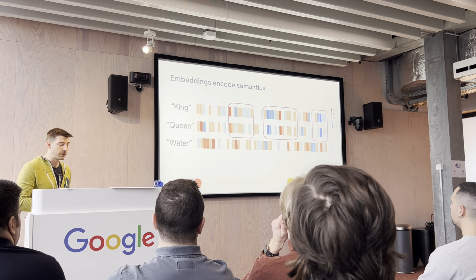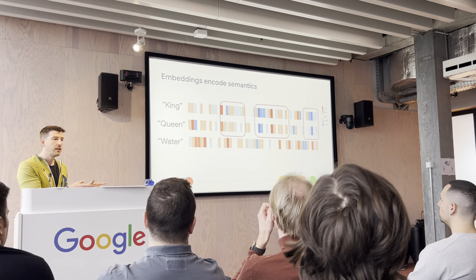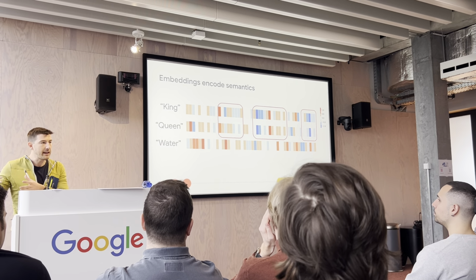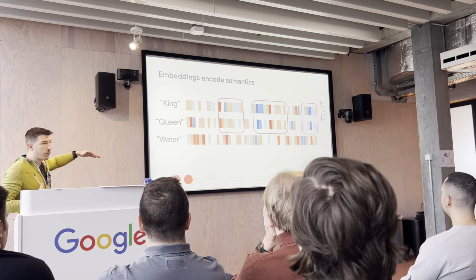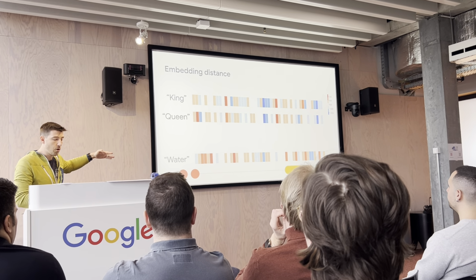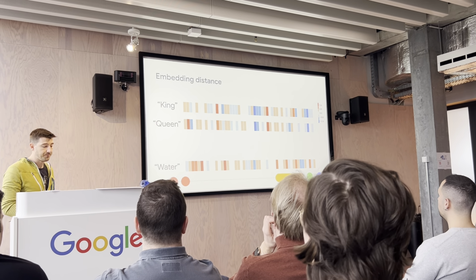Whereas other words, like water, which has nothing to do with king or queen, right? This exact same embedding is completely off semantically, but also from the numbers of those embeddings. So we say that the distance is high.